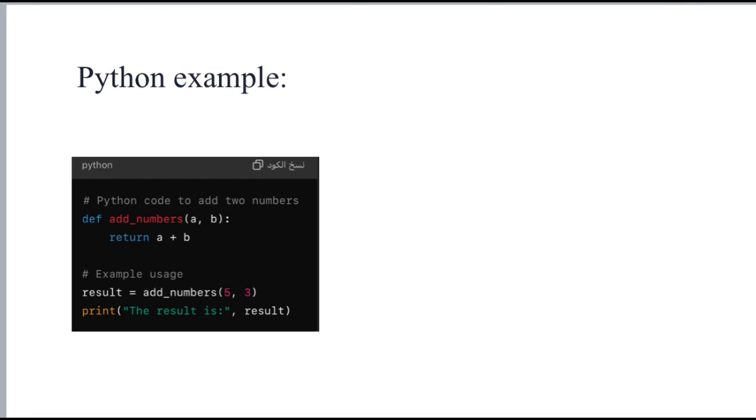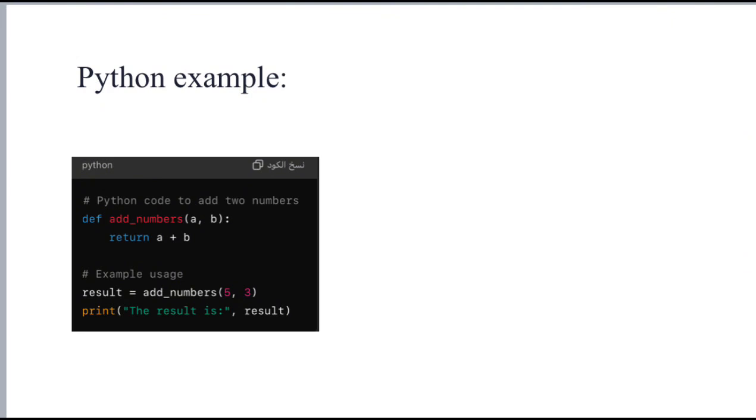This is the code. I will explain it. Number one, function definition: def add_numbers(a, b) defines a function that takes two parameters, a and b. Number two, addition: return a + b returns the sum of a and b.